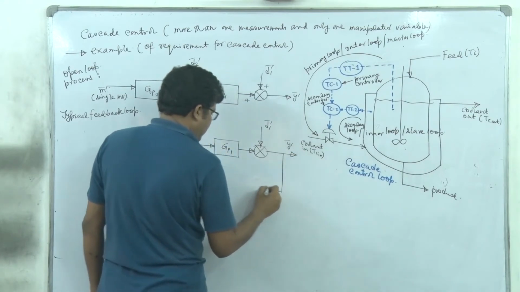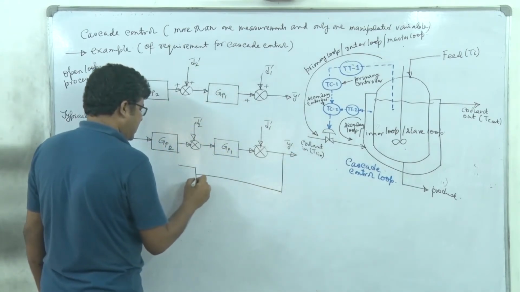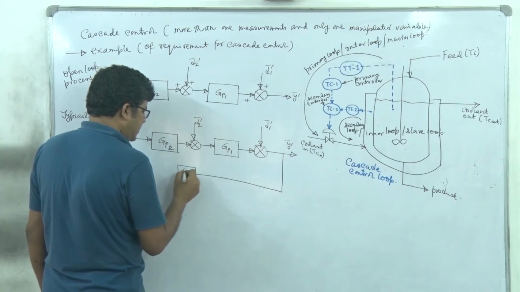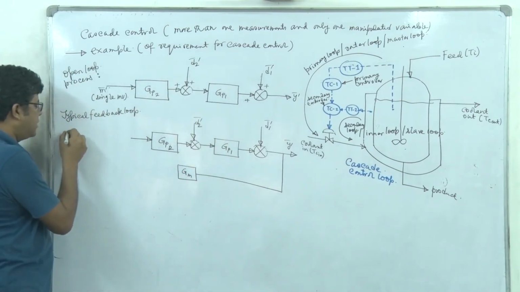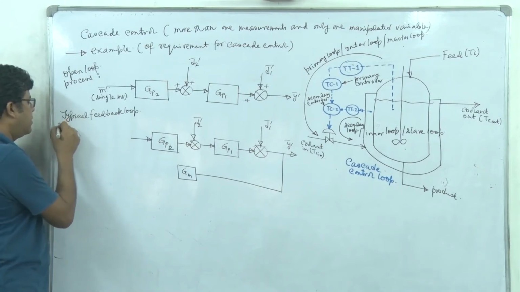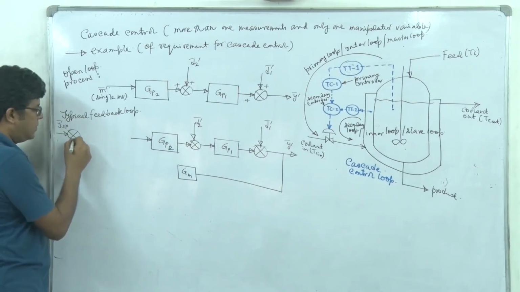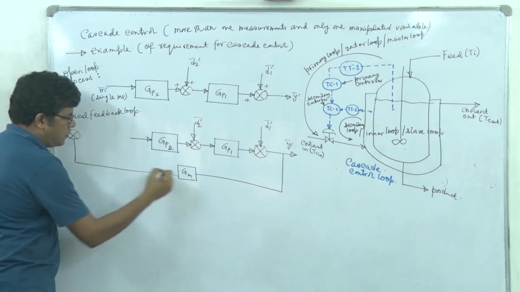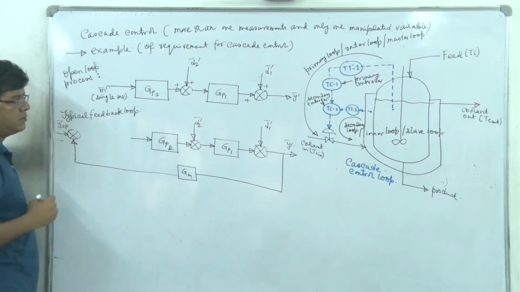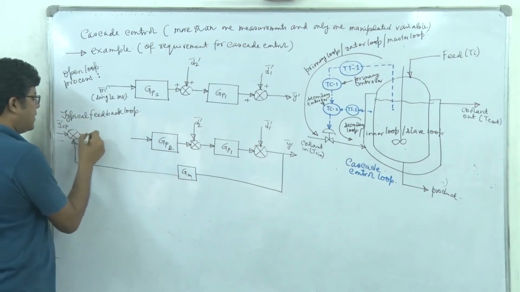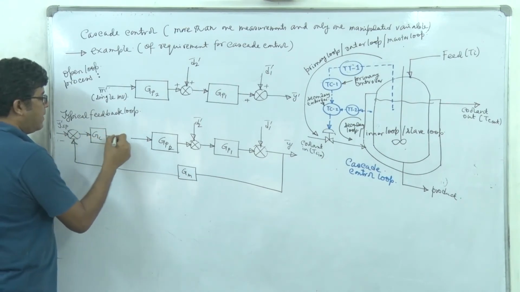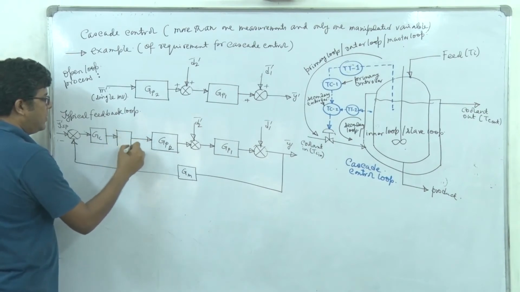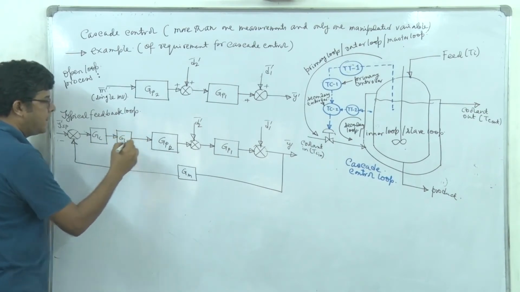Now what will the feedback loop be? Here we attach the measuring device GM, and here we go for the comparator with Y prime SP bar, where we have this input minus, and next the controller block GC and the final control element block GF, right?